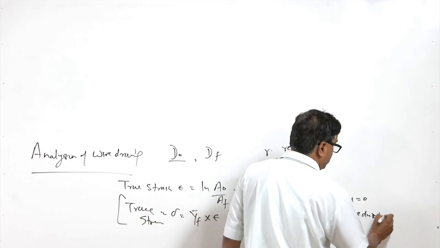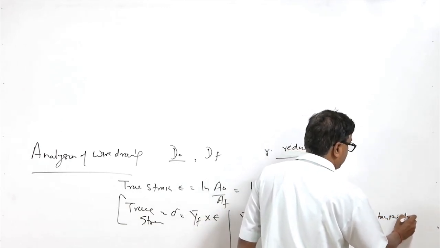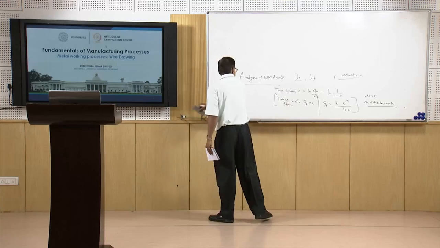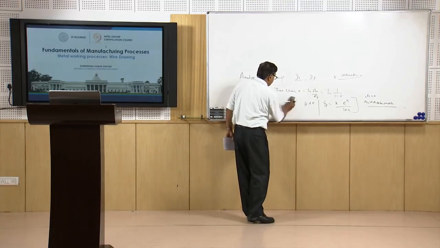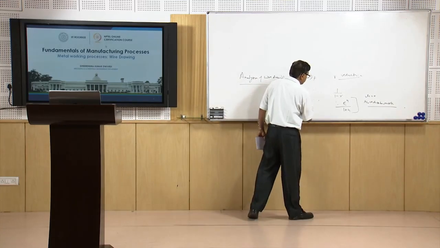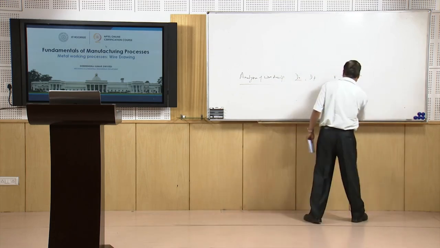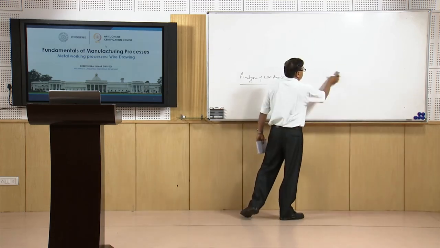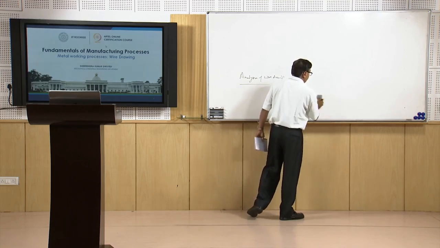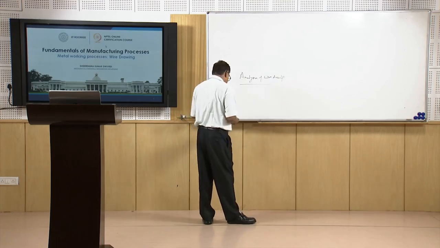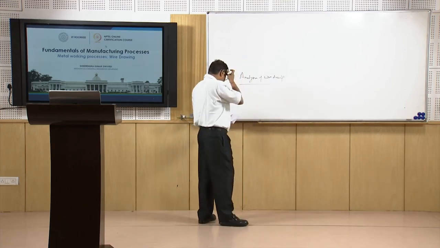Considering that there is redundant work and there is friction, then we need to take a little bit more consideration of a few more factors, which include the friction coefficient and the deformation geometry, or the redundant deformation geometry.